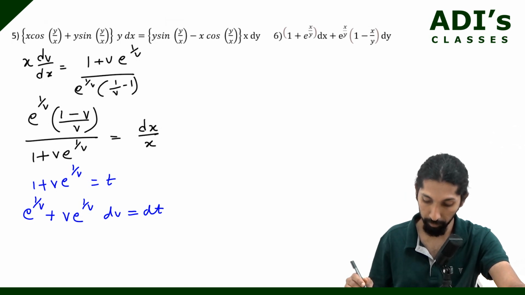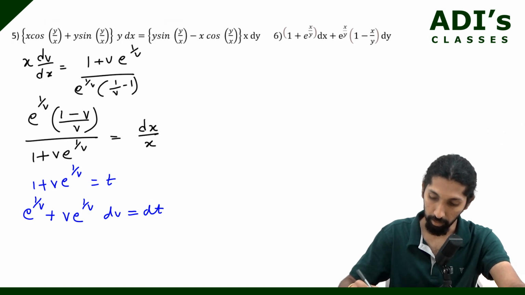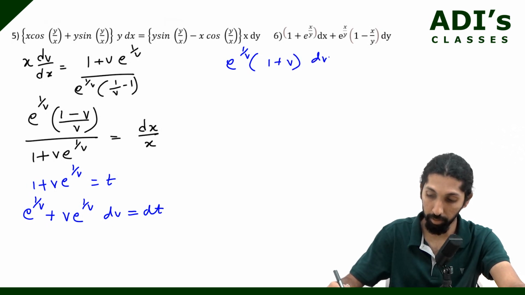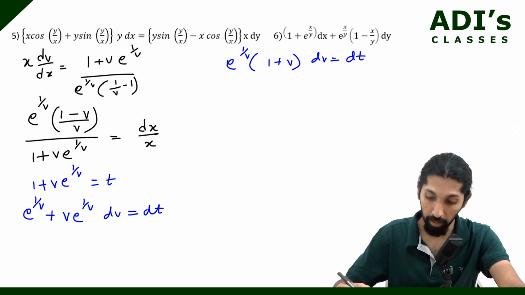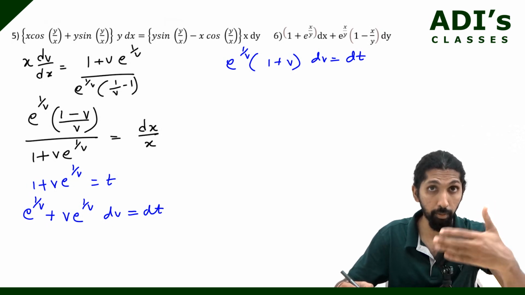So, if you do that, e power 1 by v into 1 plus v dv is equal to dt, correct? See, now what we can do is substitute e to the power of 1 by v in terms of this dt and dv.